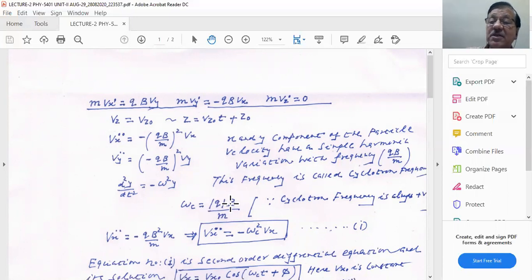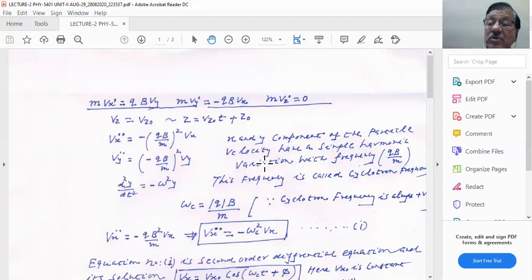The field is uniform. It is applied along the z direction. You may consider the plane of your paper, your monitor, or your smartphone as your xy plane, and imagine an axis coming normally outward from that plane is your z-axis.